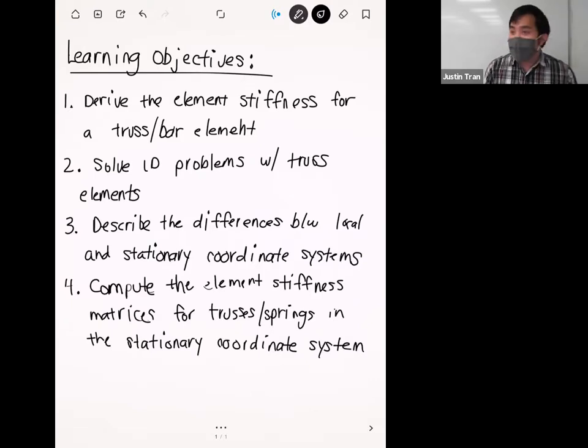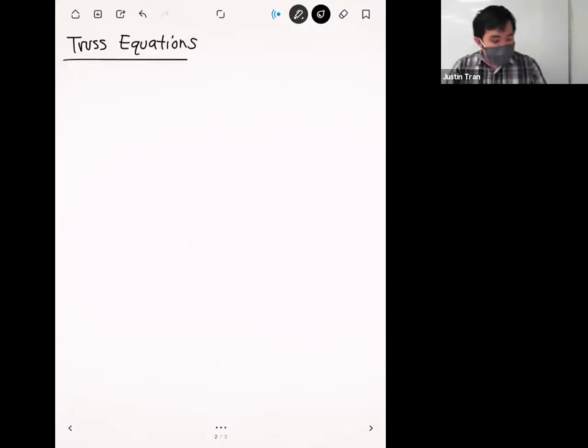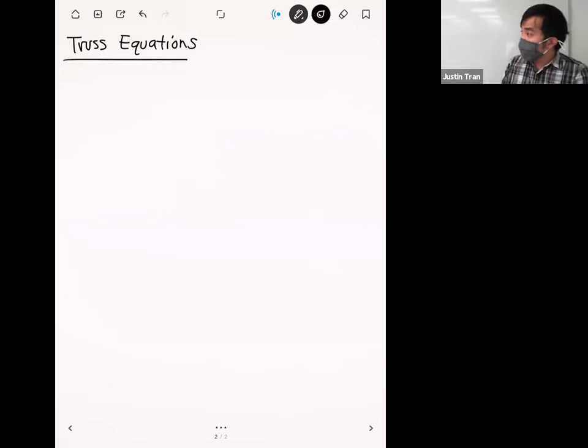Okay. All right, any other questions before we get started? Okay, all right, so let's go ahead and talk about truss equations. Last week we were introduced to the idea of the direct stiffness method.